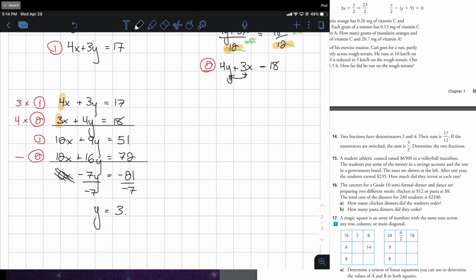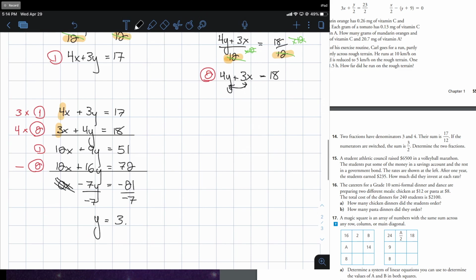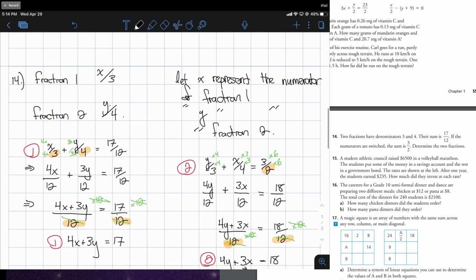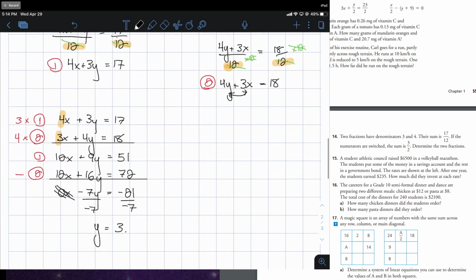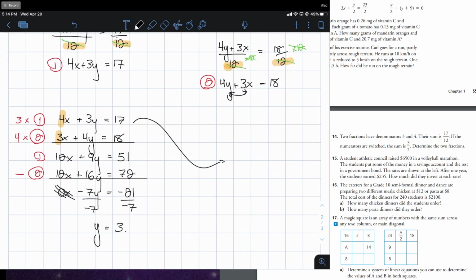Okay, now I'm nearly there. I found my y variable, so I found the numerator of fraction 2. Now all I have to do is choose one of my original equations. I might as well choose equation 1 here and plug in to figure out what x will be.